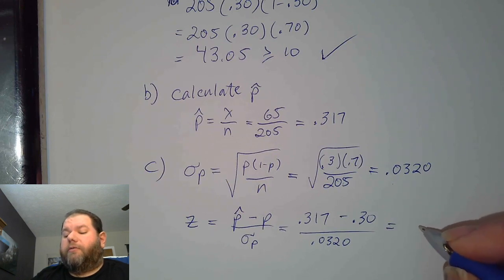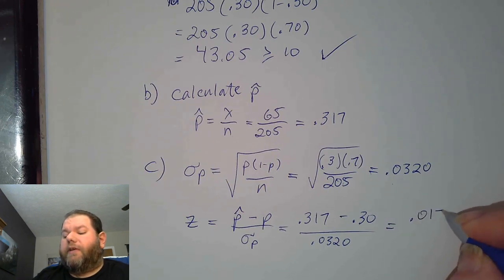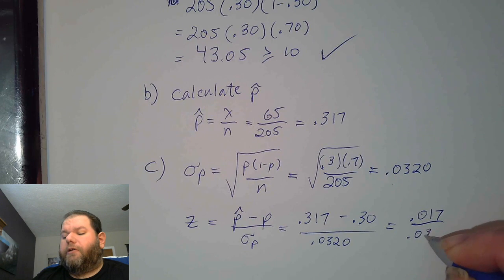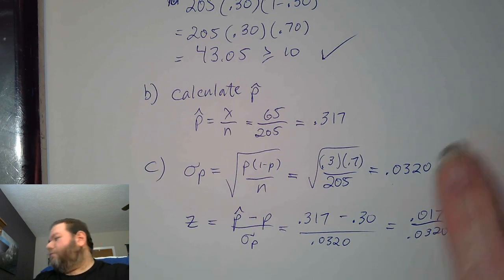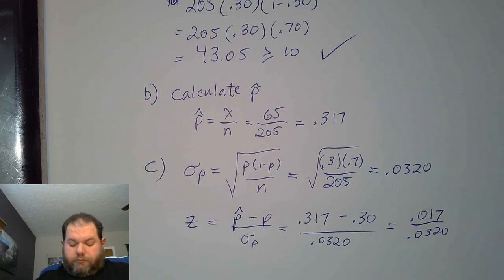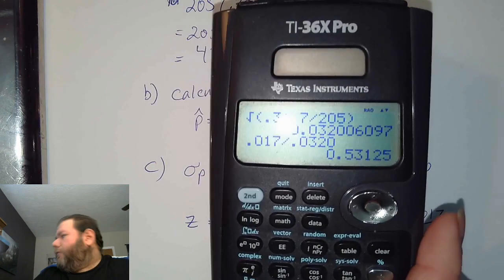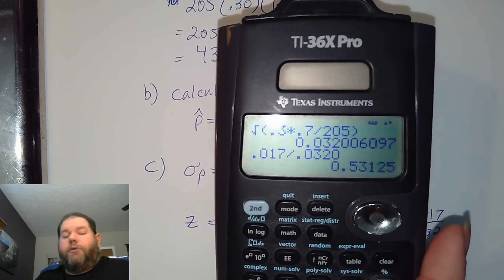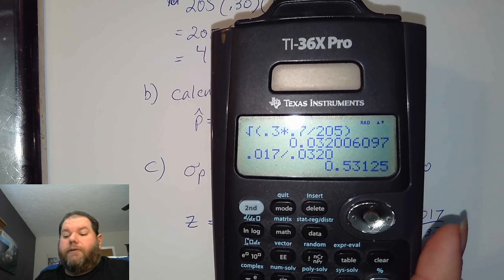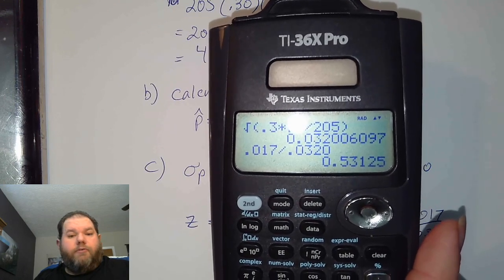So we calculate that, we get 0.017 over 0.0320. And for a z-score, we always want to round to 2 decimal places, so we'll call that 0.53.